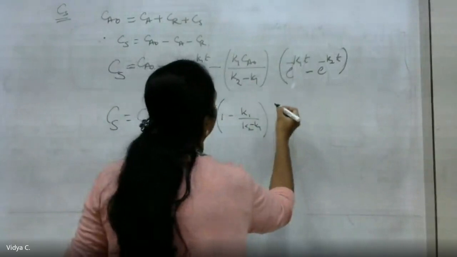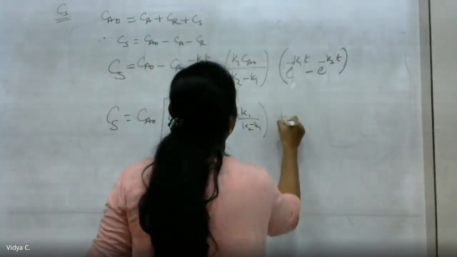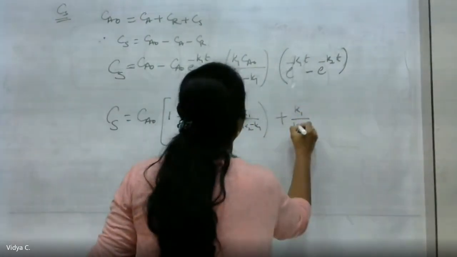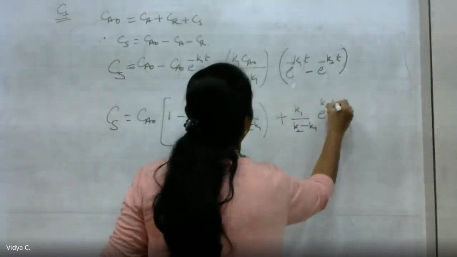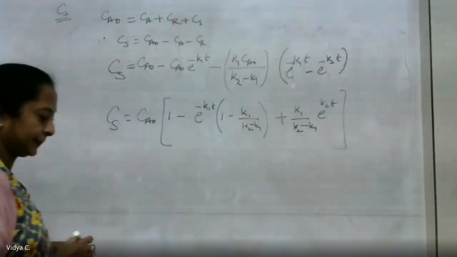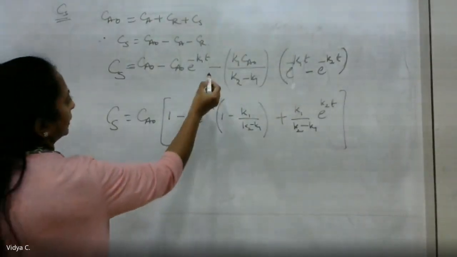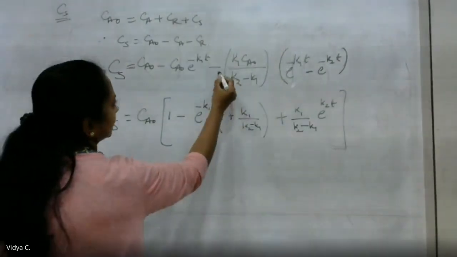Okay. Then what is left out? Minus into minus plus k1 by k2 minus k1 into e to the power of minus k2t. Okay. Oh, I should get a negative sign, means I should put plus here. This is with negative sign, right?